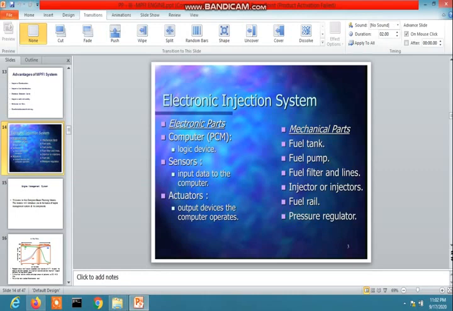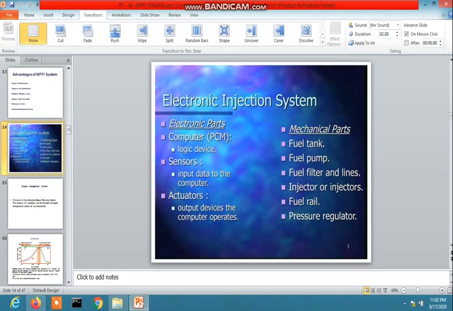Second is the sensor, which is the input device providing input data to the computer. There are some sensors which gather inputs.